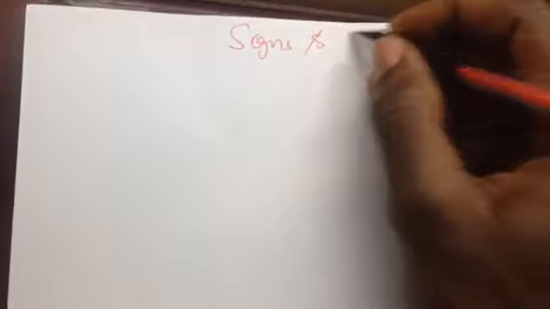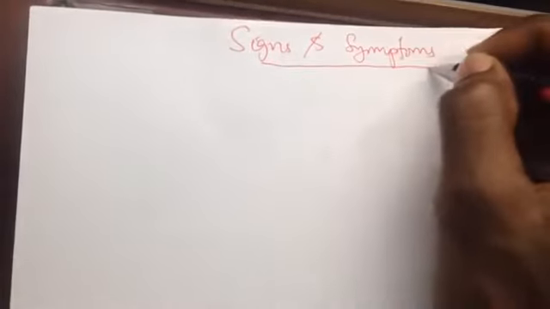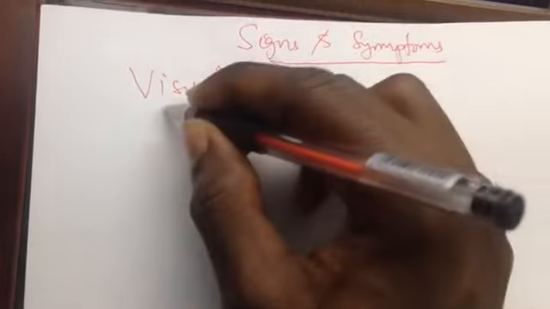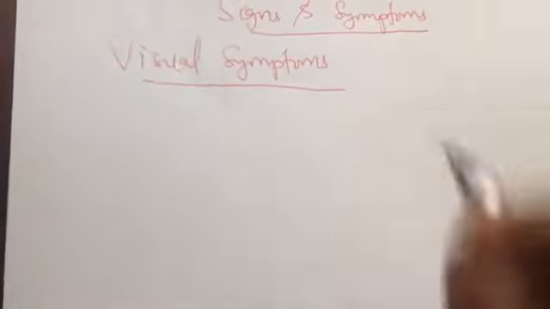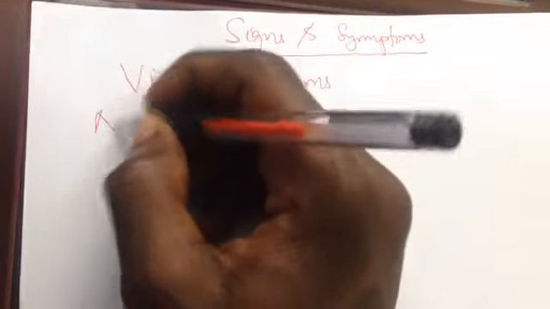So now let us see some symptoms. Some symptoms of multiple sclerosis. Signs and symptoms. There are a lot of variety of symptoms actually. Number one, we have visual symptoms. Among the visual symptoms there is nystagmus.